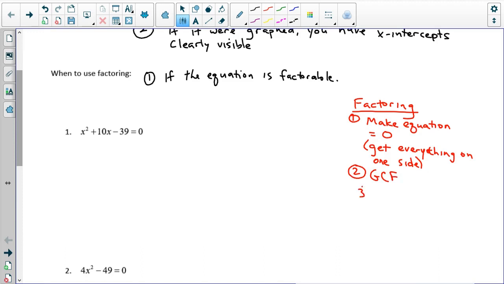In most problems on this worksheet, there isn't, but you always want to look for the GCF because that'll help you. And then after that, you want to usually use double parentheses. However, there are some other methods that might help, especially later on, factoring by grouping or using some of the special cases that we have. Difference of two squares, sum or difference of cubes. So that might be something that you want to look into.